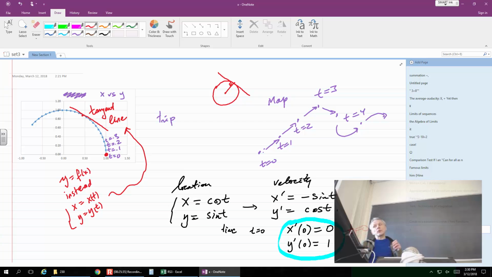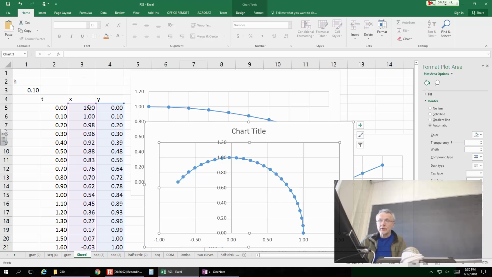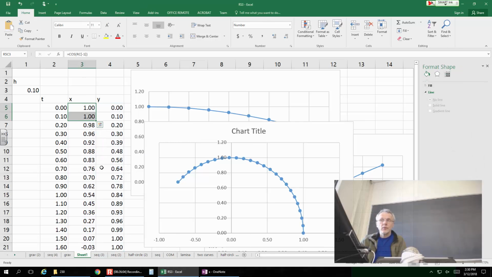x prime of 0 is equal to 0 means that your velocity relative to the x-axis is 0. You can see it on the graph, the red dot followed by the blue dot, and there's virtually no change in the horizontal direction. It is even better visible here: x virtually hasn't changed in 0.1 second, while y has changed.